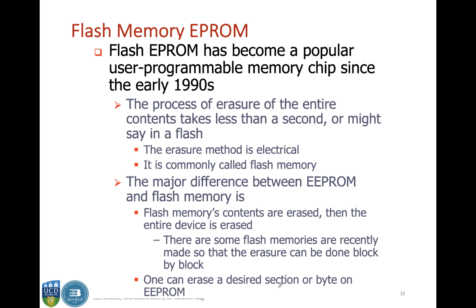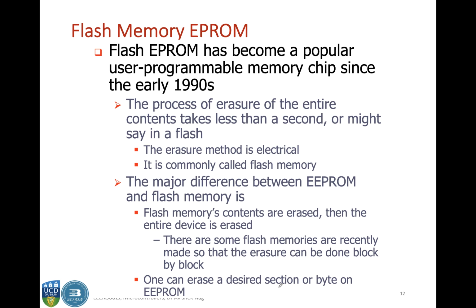In other words, you can erase the entire contents of this EPROM in a flash, within a fraction of a second. That's why the name flash memory comes. And of course the erasure method is electrical and it is commonly called flash memory.